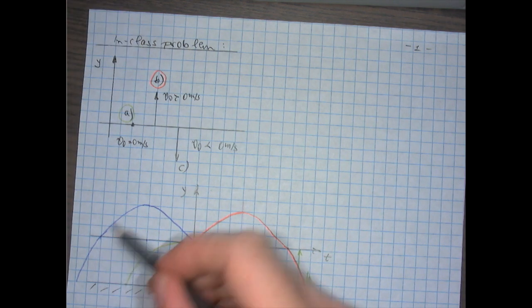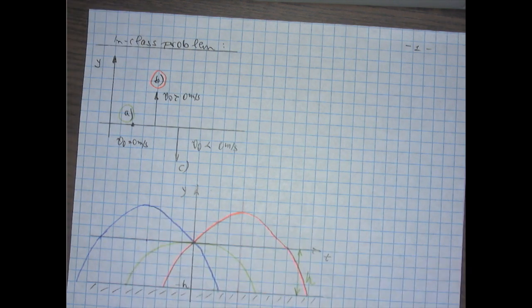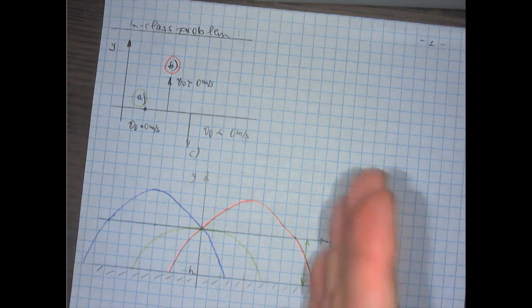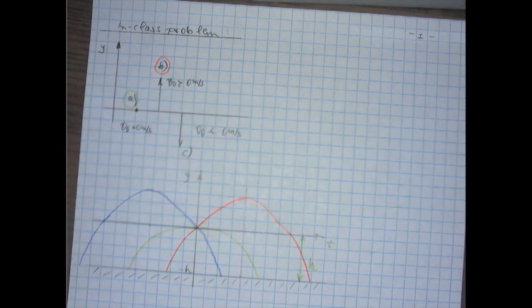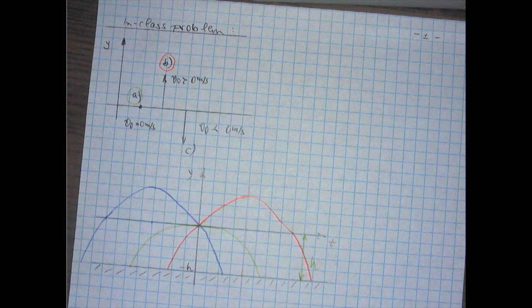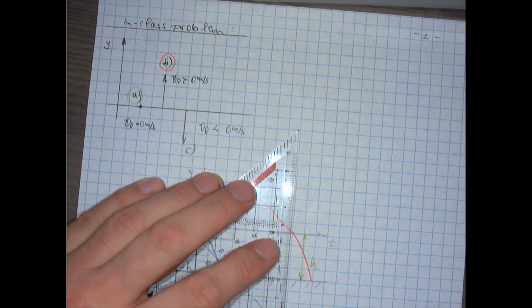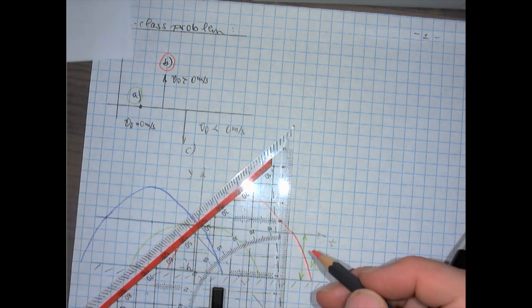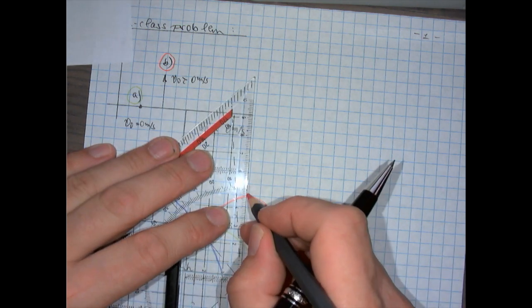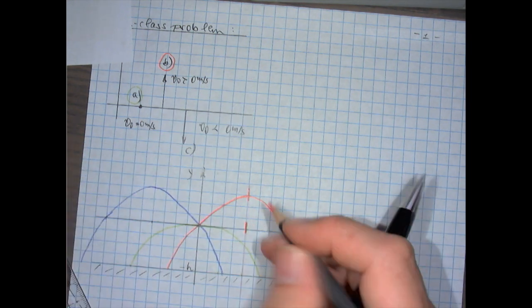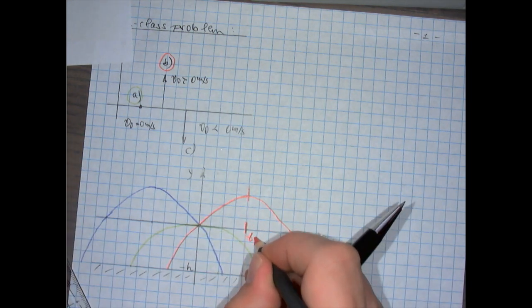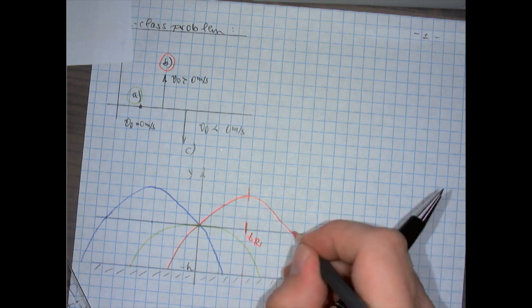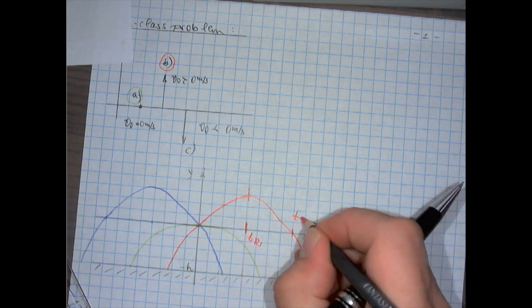In shape, these two parabolas in blue and red are exactly identical, but as you can see, they are shifted relative to y equals 0. And what you can sort of infer now from here, there are a couple of things here. Number one, the time it takes to reach the highest point here, I denote this as T_R. Then the total flight time, I denote this as T total.